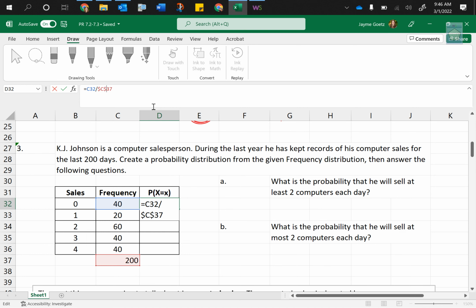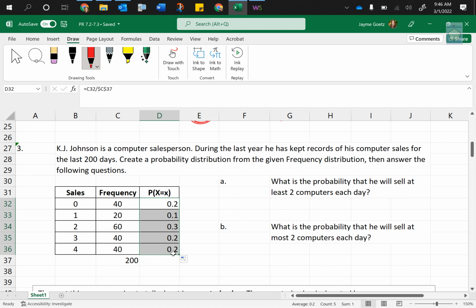So you should have C32 divided by C37, but make that C37 absolute. And then when you hit enter, you should get 0.2, 0.2. Now, you're going to click on the little green box and just drag it down, and it should autofill.